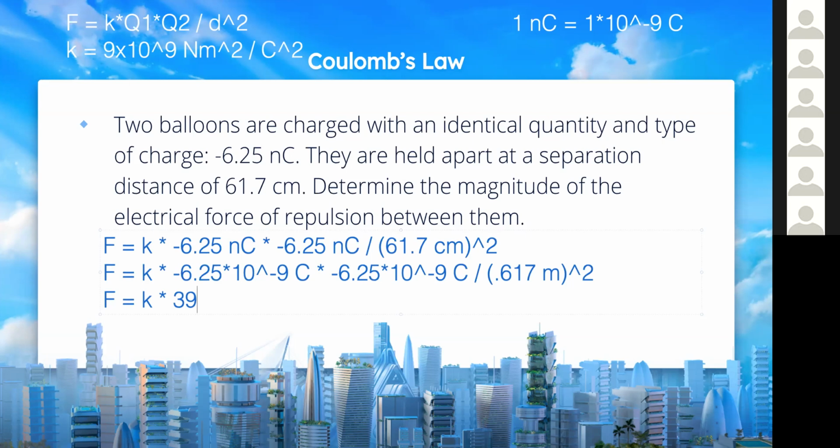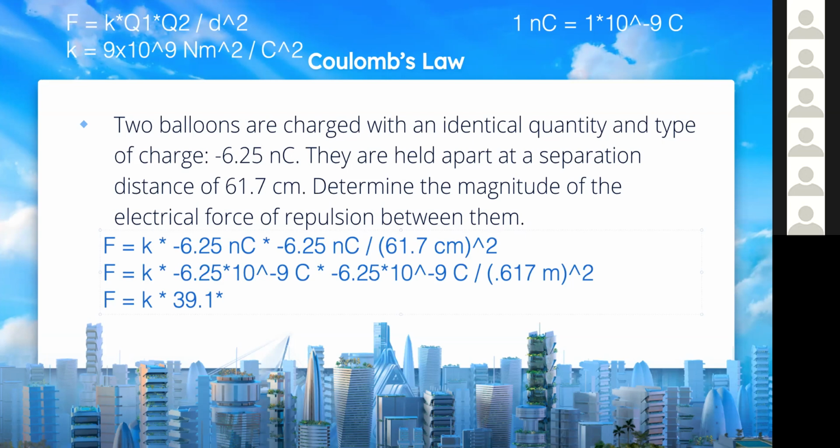What is that with significant figures? So there's 3 significant figures, so that rounds off to 39.1.